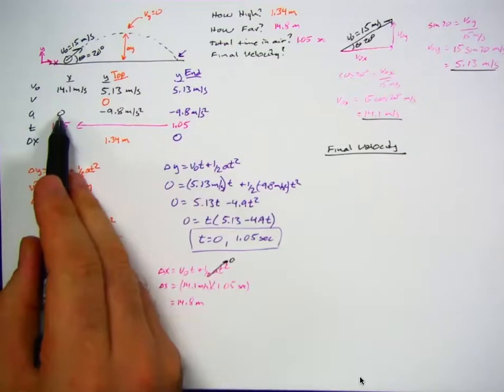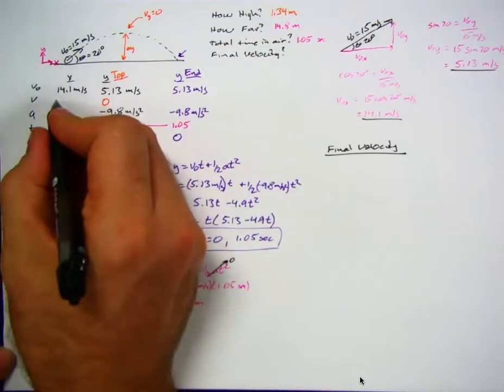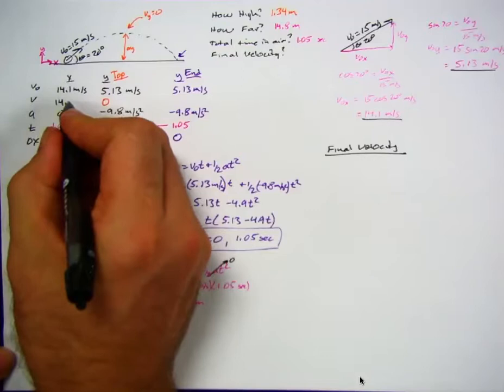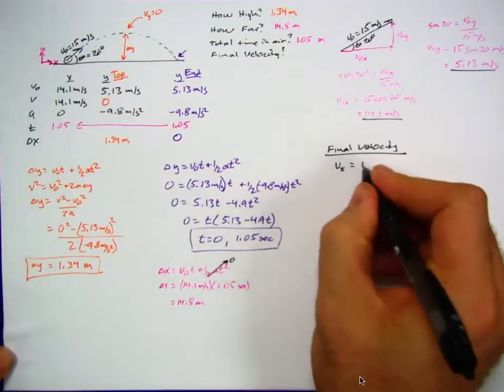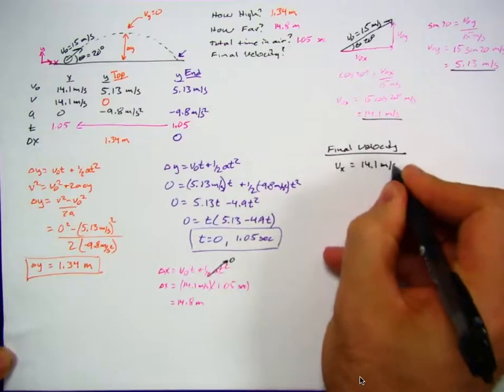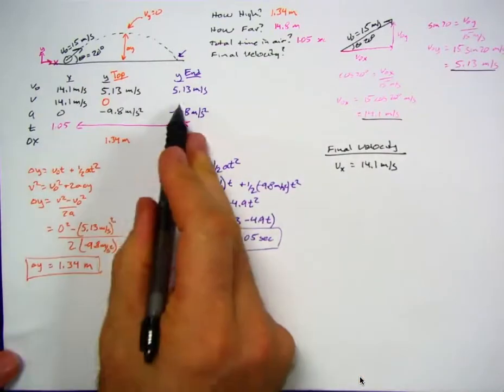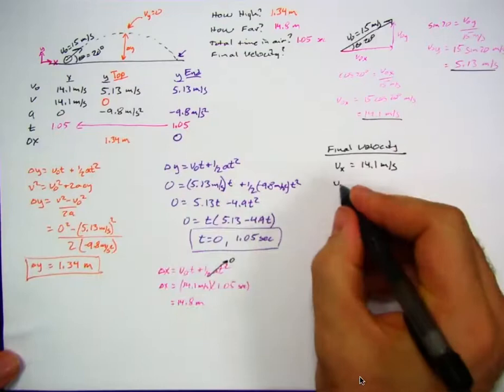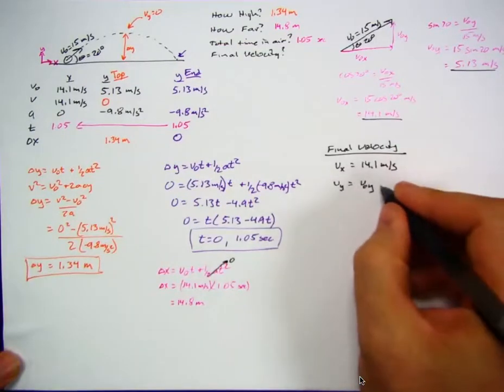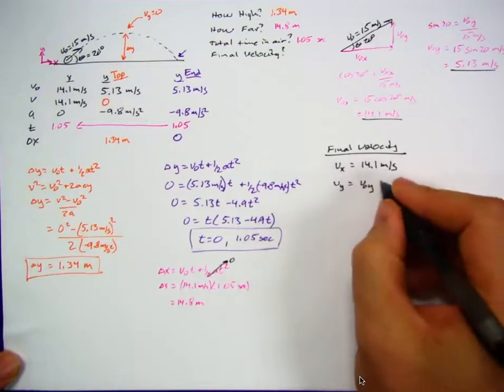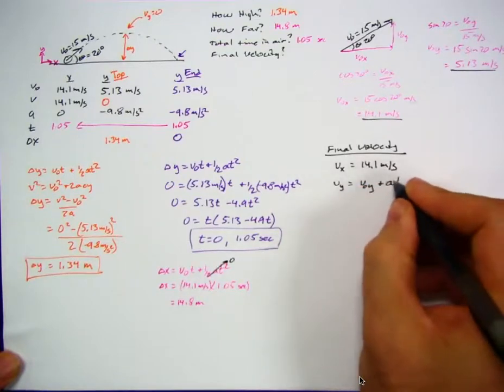We know the acceleration is 0, so we automatically know the final velocity in x is 14.1 meters per second. So v in x is equal to 14.1 meters per second. The final velocity in y we can just calculate. Velocity in y is equal to v0 in y. V equals v0 plus at.